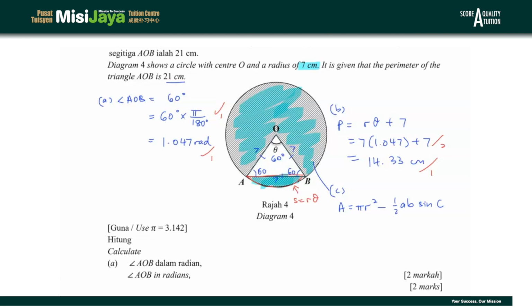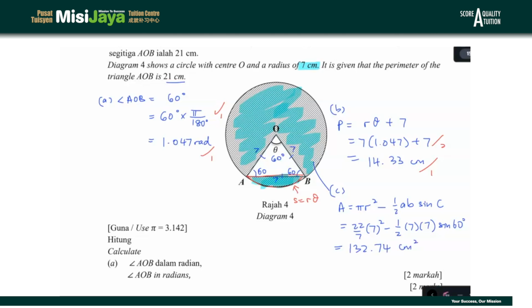So pi is 22 over 7 and the radius is 7 squared, minus half ab sine 60 degrees. When you use a calculator, we get 132.74 cm squared.